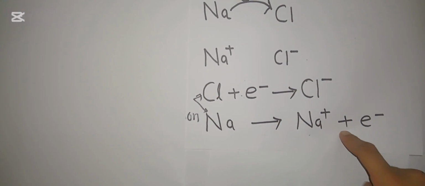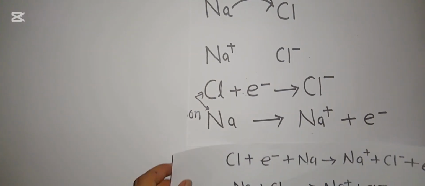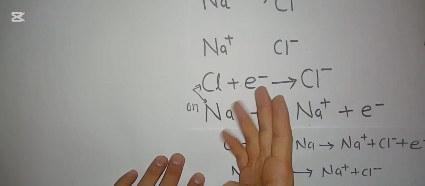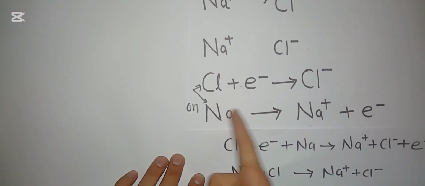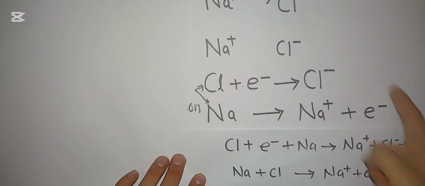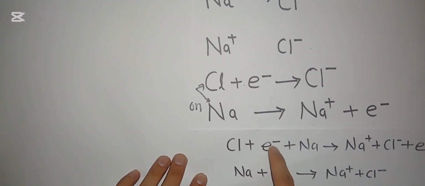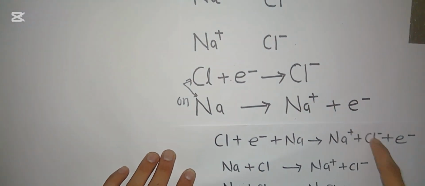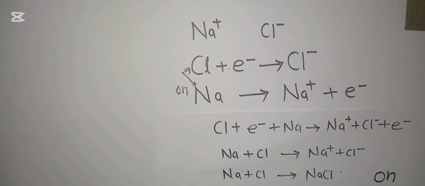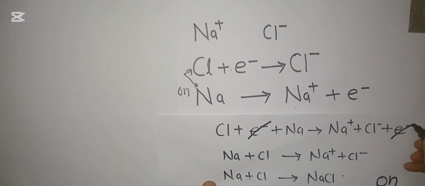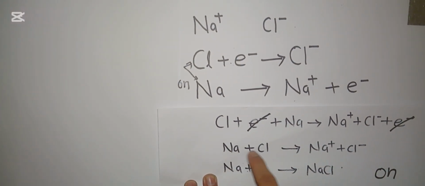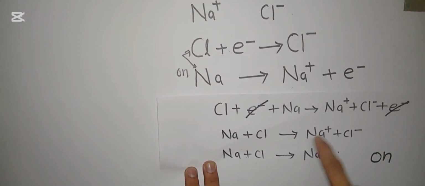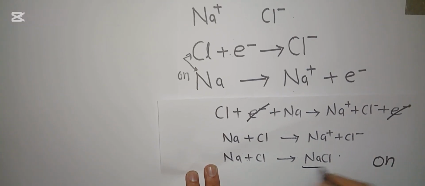Adding these two reactions, we get the net reaction: chlorine plus electron plus sodium gives sodium ion plus chlorine ion plus electron. The electrons cancel on both sides, so we get Na plus Cl giving Na plus Cl minus. Now Na plus Cl combine to form NaCl.